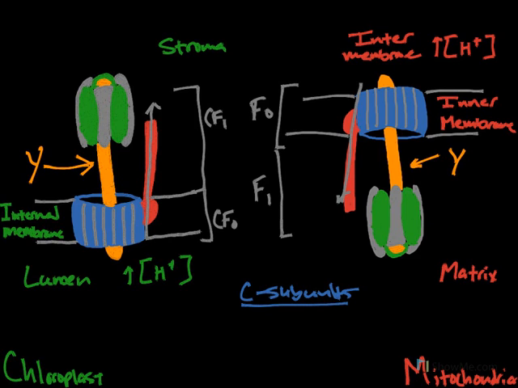As our F0 particles are rotating, it is going to be causing rotations in our gamma stalk, which is going to cause conformational changes in the protein subunits of our F1 catalytic head. These conformational changes are going to cause the actual catalytic reaction of ATP formation.